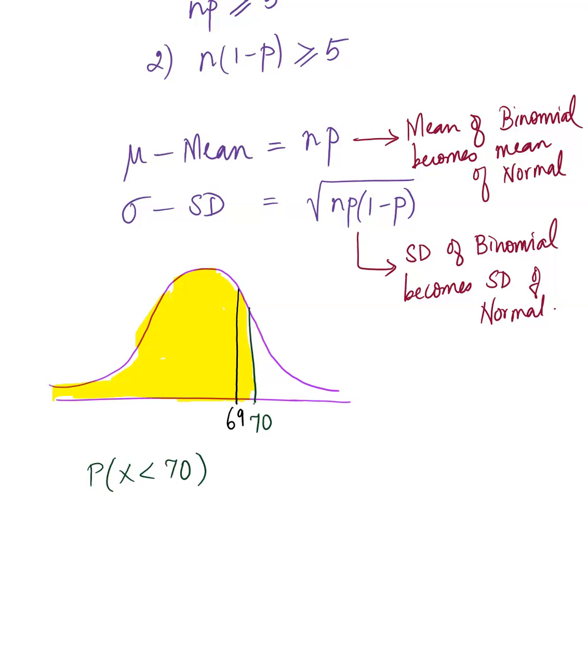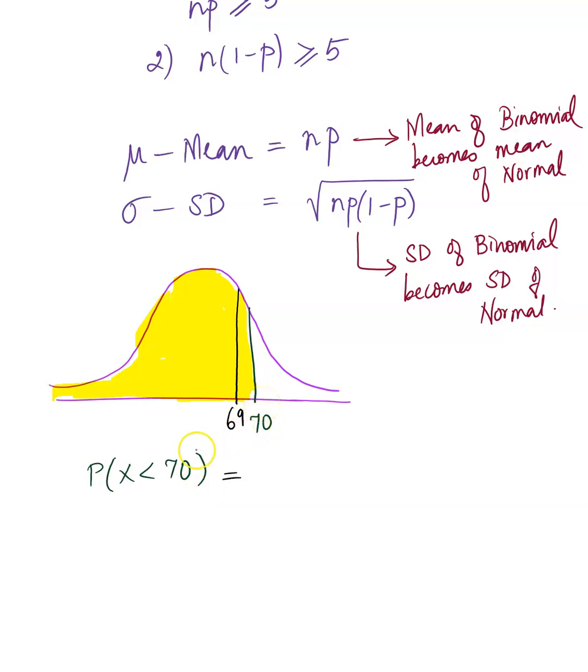Therefore, there is something called continuity correction. If it's less than 70, we have that difficulty. If we want to do less than or equal to 70, then it's fine because 70 is included and everything less than that.